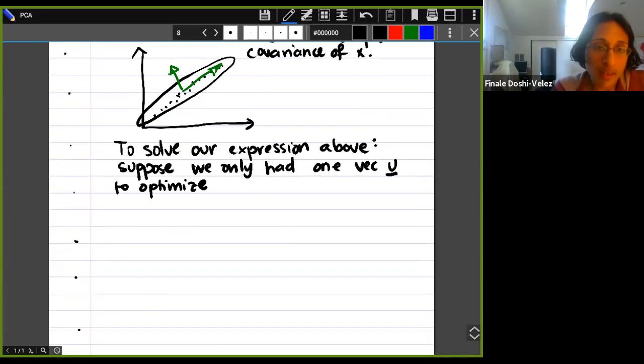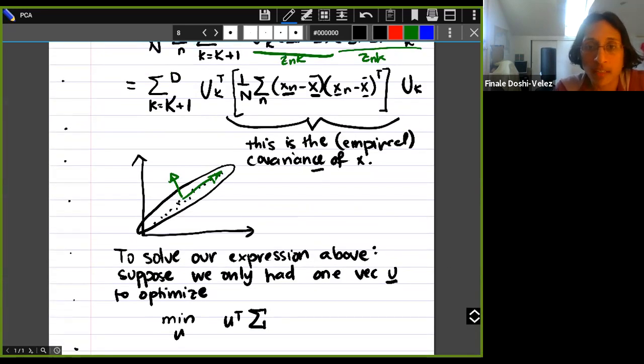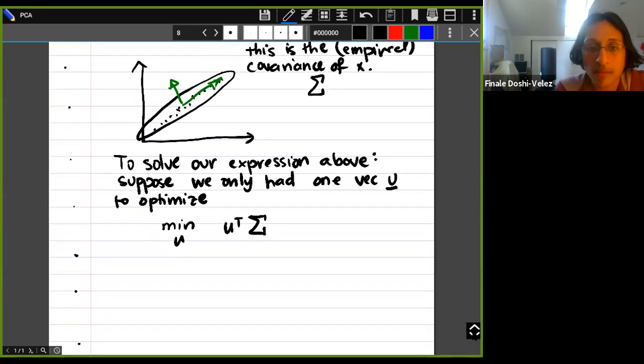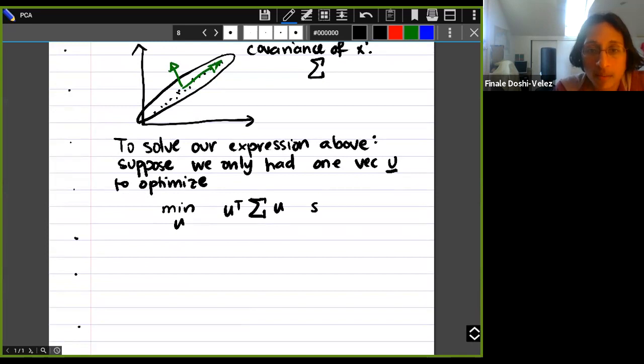So here we will have some expression that looks like min over u of u transpose, and I'm just going to write now the covariance. So this thing over here, we're just going to write as sigma, the covariance of x, u, such that u transpose u equals 1.